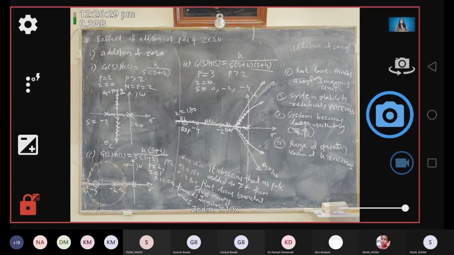Then in case of addition of zero, the root locus branches shift away from the imaginary axis. Therefore the relative stability increases, the system becomes less oscillatory, and the operating range of K also increases. These are the few conclusions from the effect of addition of pole and addition of zero.